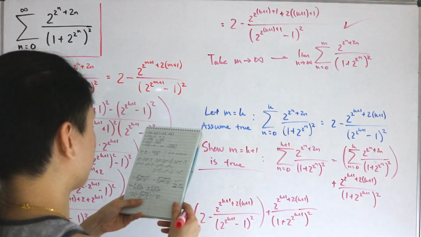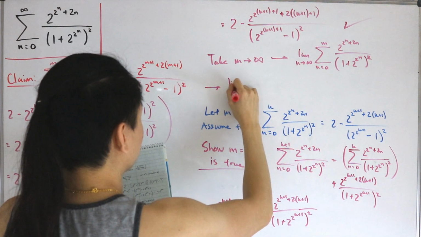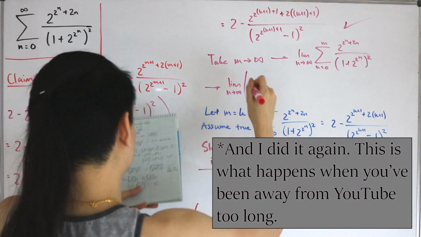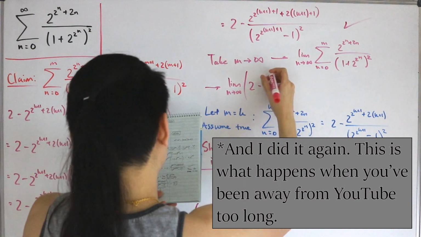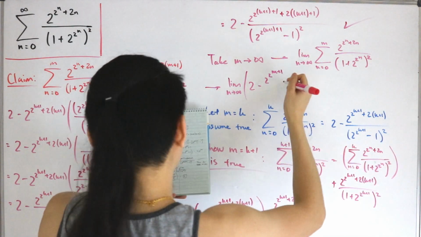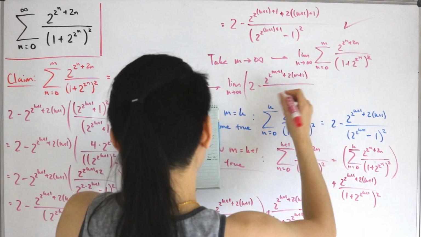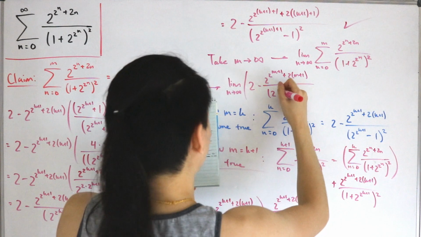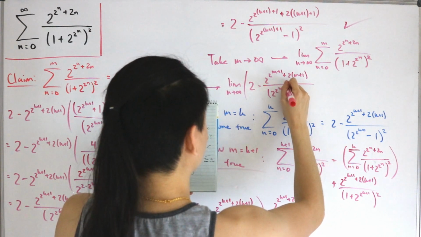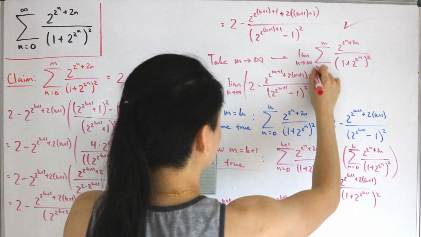So if we continue forward one more time, the limit as m approaches infinity of our claim that we just proved, so 2, then minus 2 to the power 2 to the power m plus 1, then add this with 2 times m plus 1, all this being divided by 2 to the power 2 to the power m plus 1, then subtract 1, and then quantity square, close that off.